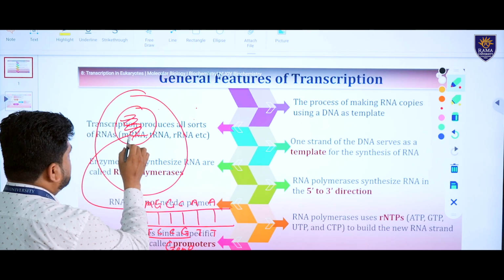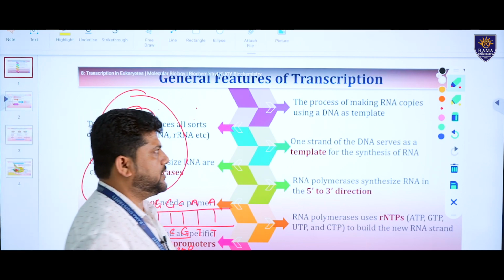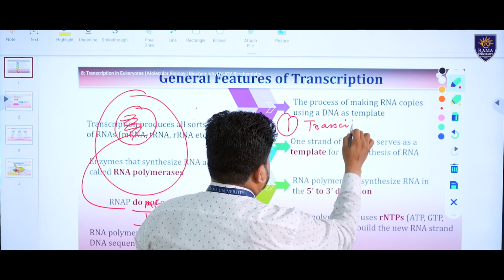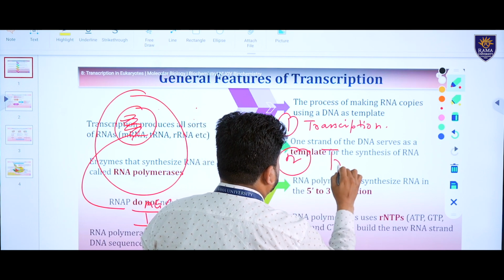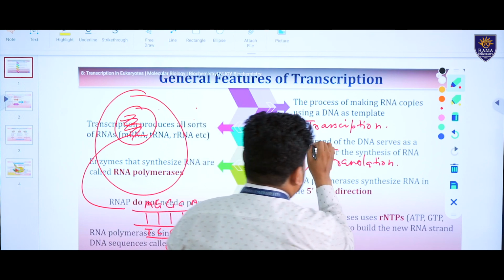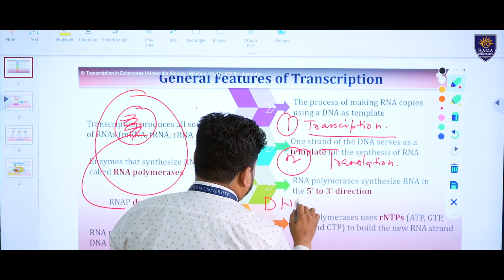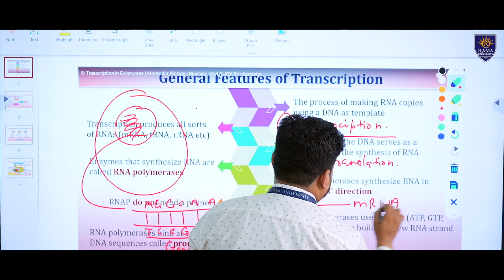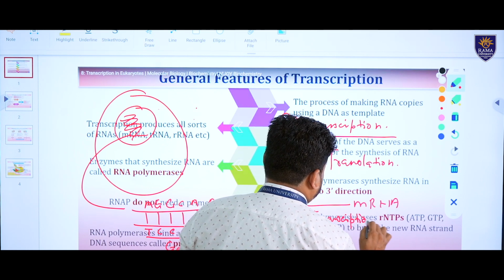So, the expression of the gene completes in two steps. First one is the transcription, and second one is the translation. In transcription, DNA produces mRNA, and this process is called transcription.